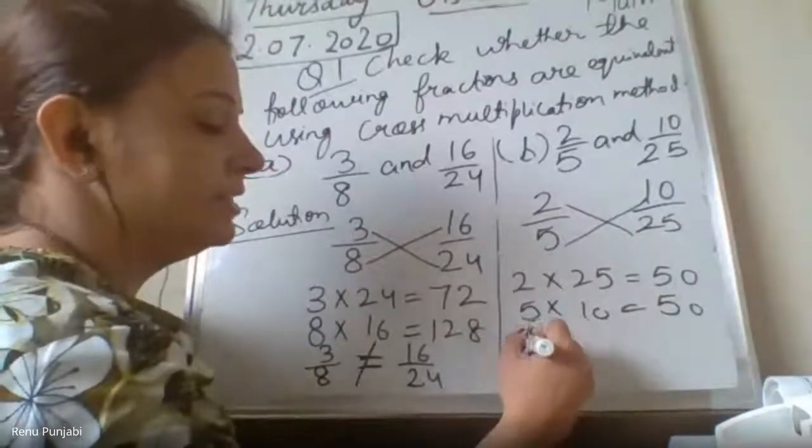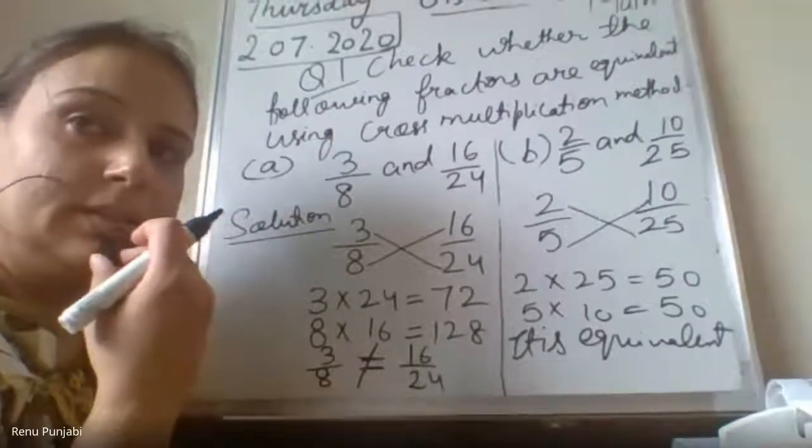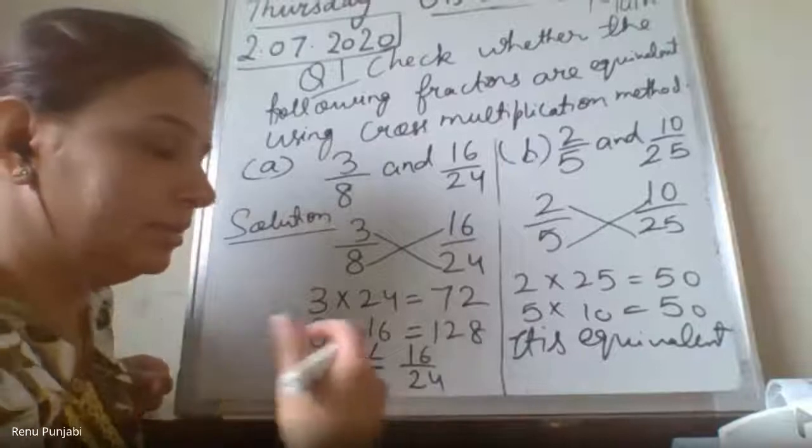So it is equivalent. Ma'am, I can't see your board. Board is visible. Children, please check your internet network.